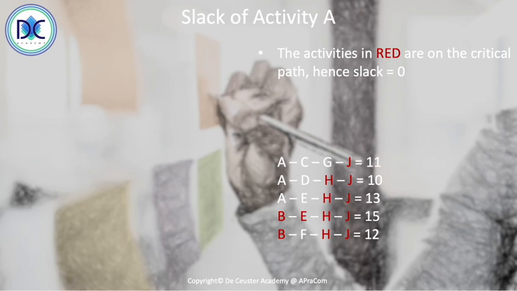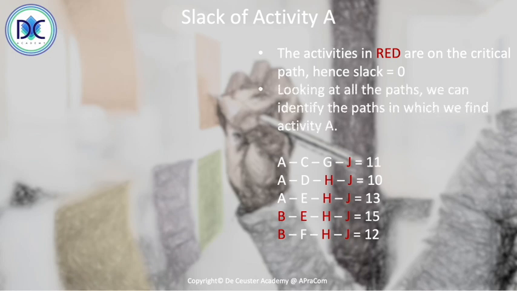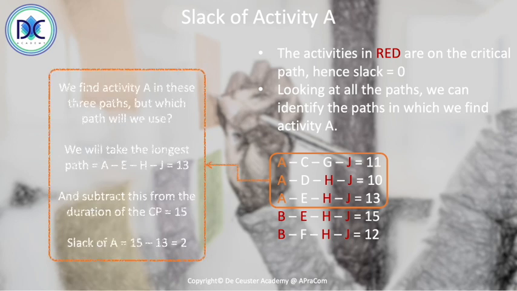Now we have to consider how to find the slack of activity A. We find the activity in those three paths, and we have to find out which is the path that we are going to use. In this case, we take the path with the highest duration, and we subtract it from the duration of the critical path. So the slack of A is equal to 15 minus 13, which is equal to 2.